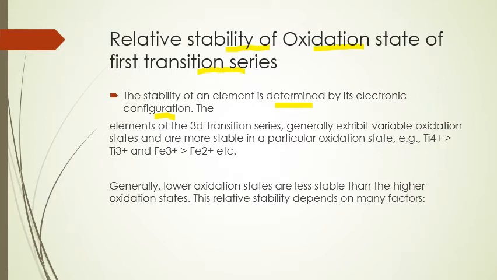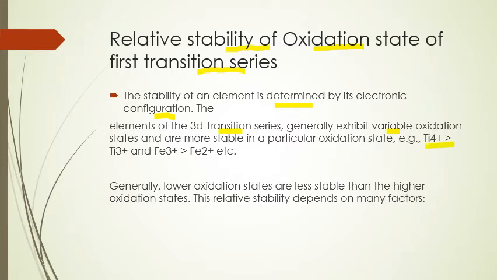So we can see that the 3d series exhibits variable oxidation states, and the oxidation state goes on increasing up to the middle element, and then it goes on decreasing. Its order we have seen. Now if we compare the higher and lower oxidation state stability, the higher oxidation state stability is more than the lower oxidation state.